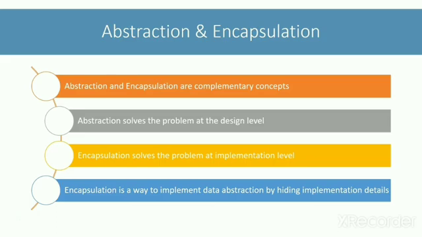Now, when I'm actually making that ATM, I will look at the design and go through the steps and think about how I should build this ATM so that the user can withdraw cash by just following these steps and not worrying about anything else. That's encapsulation. Hence, we can say that encapsulation is a way to implement data abstraction. Encapsulation hides the details of the implementation of an object.